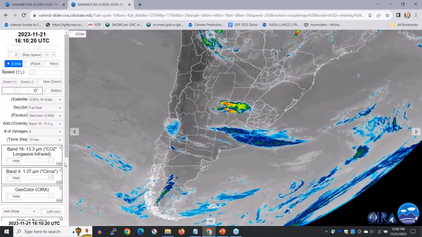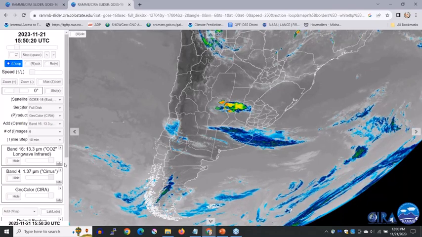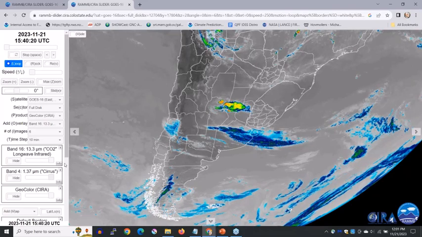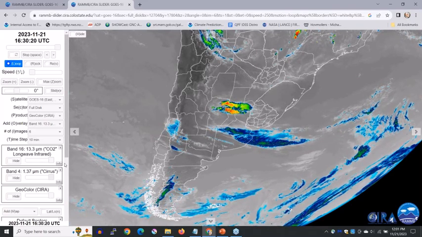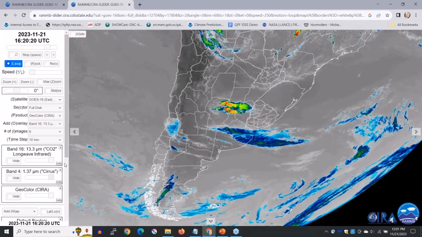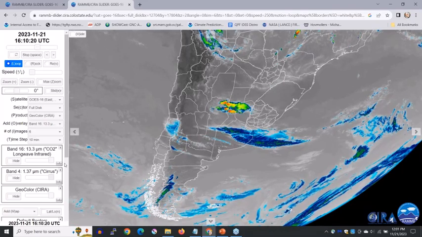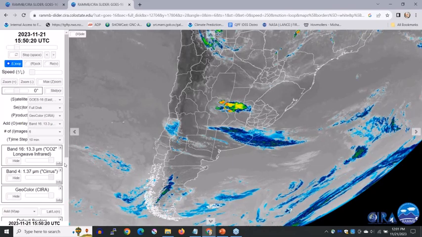There are sometimes some things we can interpret. For example, we might be able to see dust in this channel mainly because the dust is lofted into the atmosphere and it absorbs and re-emits, and we can see it in this channel, especially if it's really thick dust.